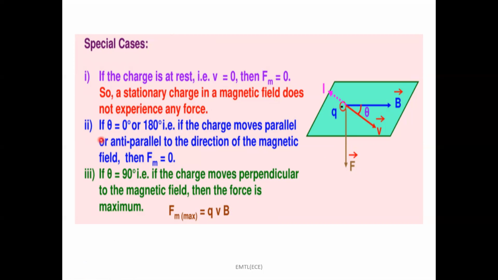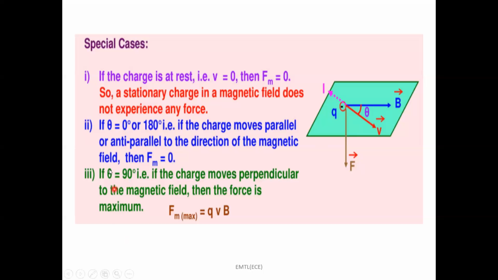In the next case, theta, the angle between velocity and the magnetic field, may be 0 or 180 degrees. If theta is 0, the charge moves parallel to the applied magnetic field, or it may be anti-parallel to the direction of the magnetic field. Irrespective of the direction, the magnetic force becomes 0.